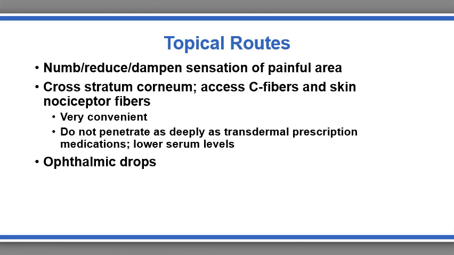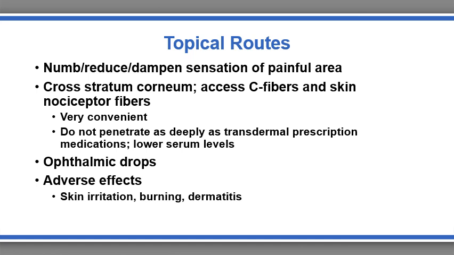And then obviously for the skin, there are various creams, gels, and ointments that can be utilized. Your adverse effects related to topical, much like many things, are skin irritation, burning, dermatitis, and pruritus. Rash is also something that could happen, but is less common as it relates to topical application.